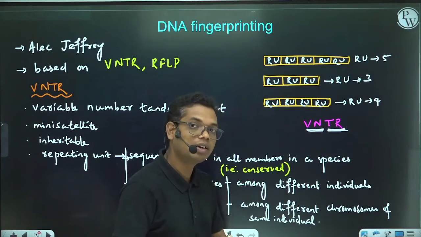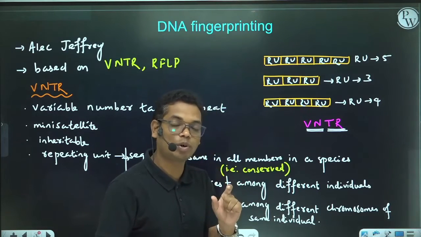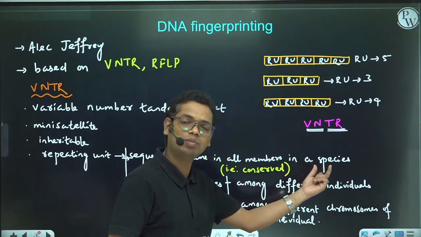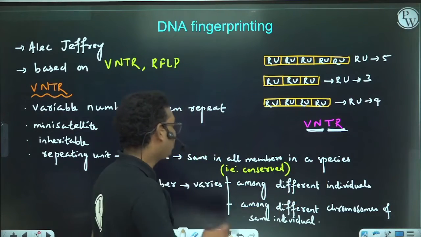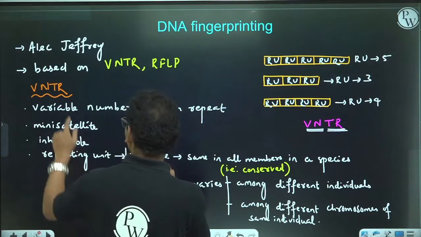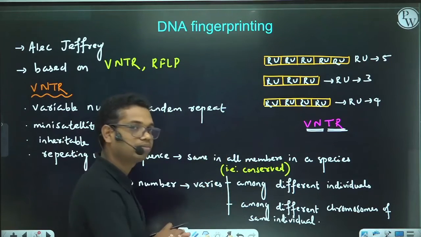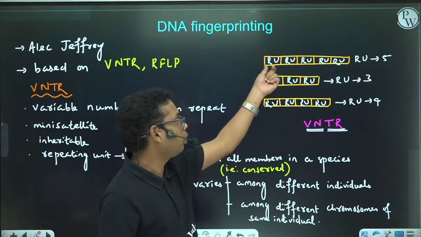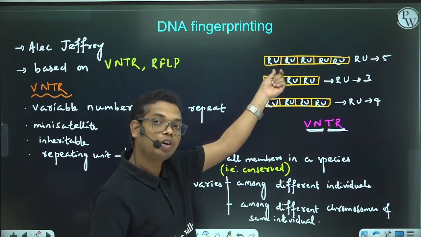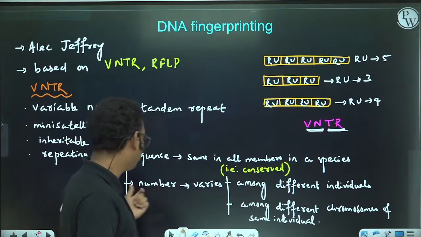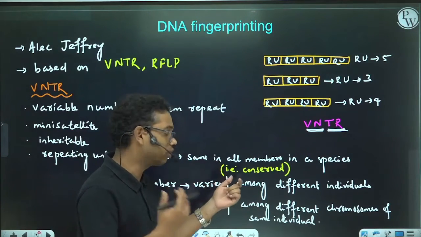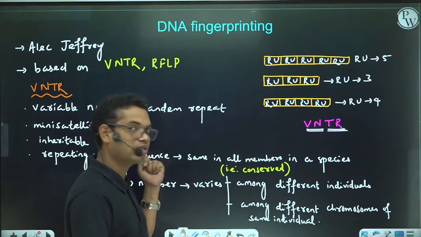But the sequence of the repeating unit of VNTR is always the same in a species, and that is why I will say that the sequence of the repeating unit of VNTR is conserved. I repeat, in VNTR the repeating unit shows variation in its number, but shows conservation in its sequence.